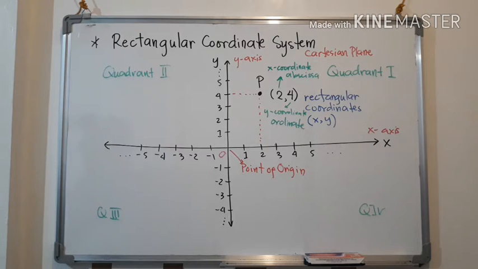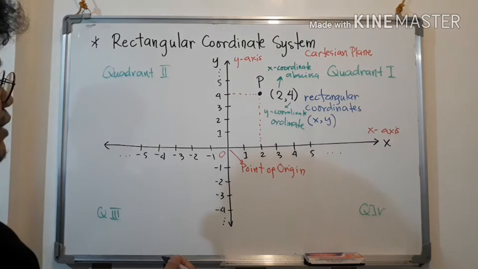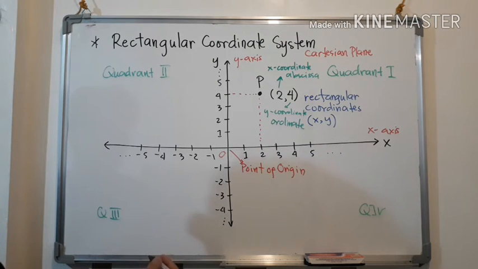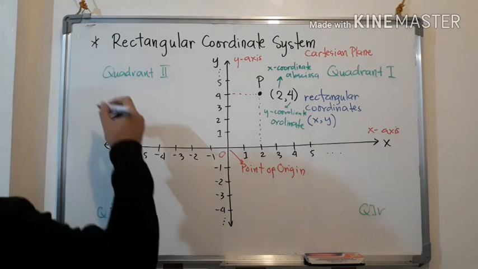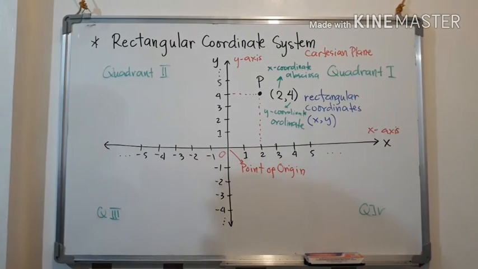Now, the process of locating points when their coordinates are given is called plotting the points. So, say for example, in what quadrant is the point (-3, +2) located? Again, the point is (-3, +2).